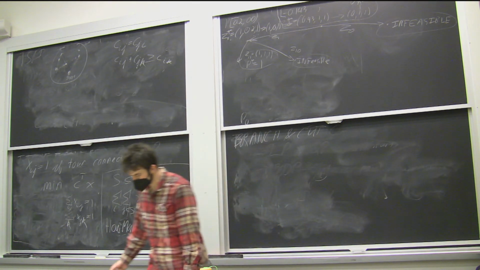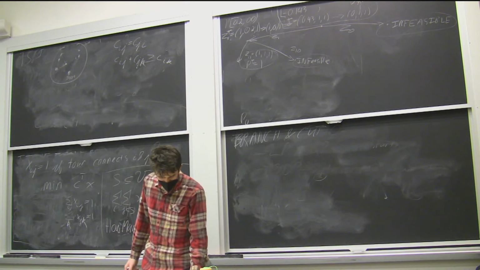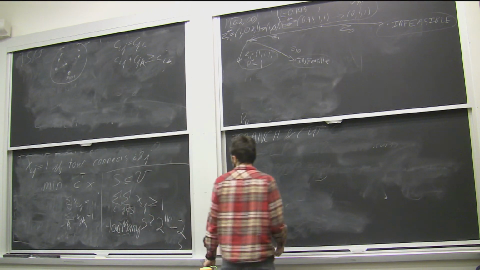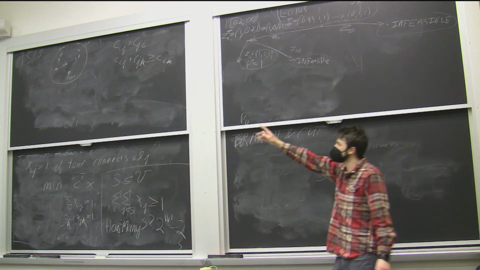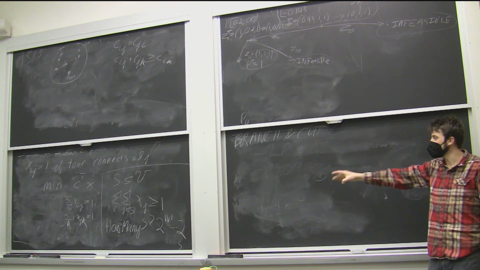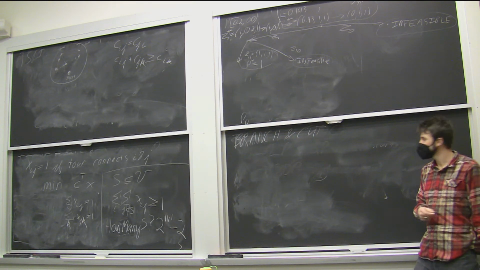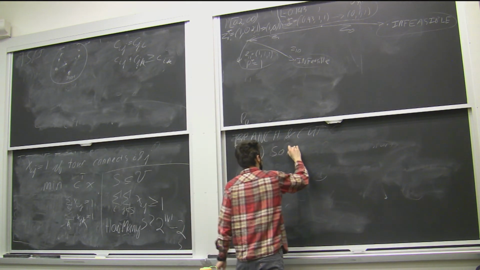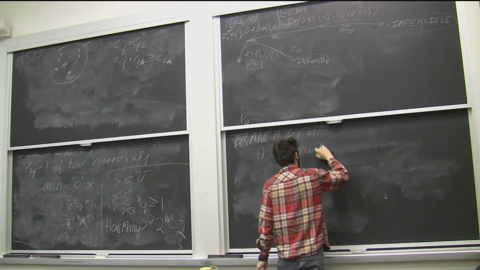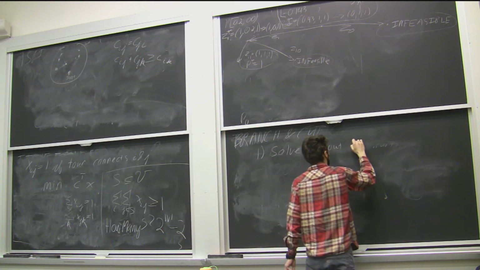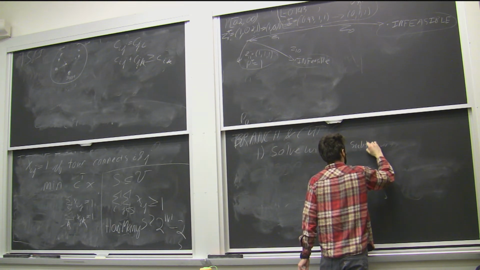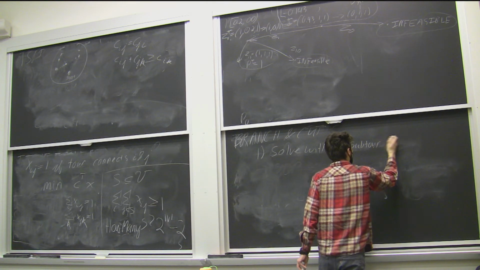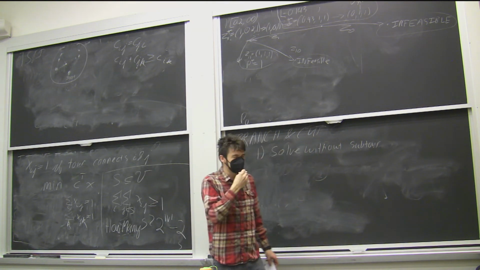So what I'm going to do is solve TSP without any of those subtour constraints. I'm going to get a solution.